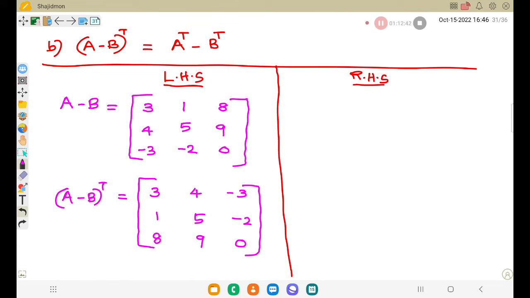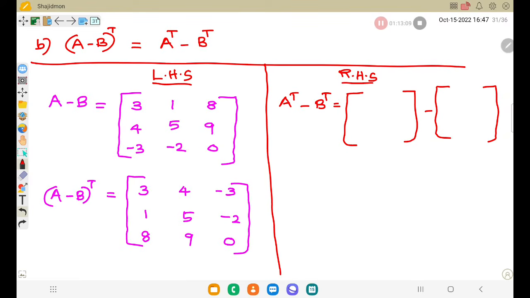Now the right hand side. Okay, right hand side we will calculate. Right hand side means A transpose minus B transpose, correct. So first write the A transpose matrix here, minus the B transpose matrix here.